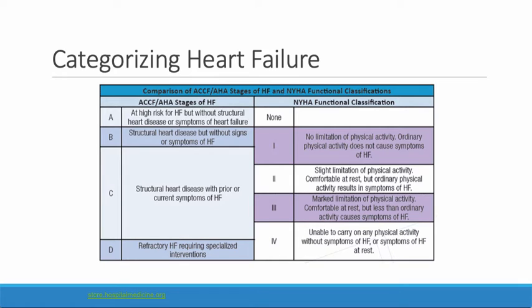So when you have class 1 heart failure, you have no limitation of physical activity. When you have class 4, you are symptomatic at rest. Okay. And then there's 2 and 3, which are in between. And that's the whole idea is having cardiology people figure out what functional class you are.